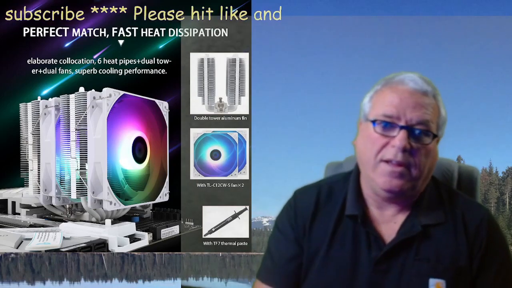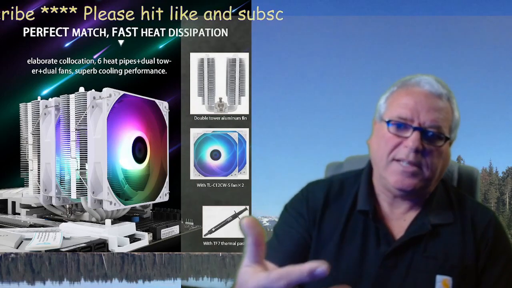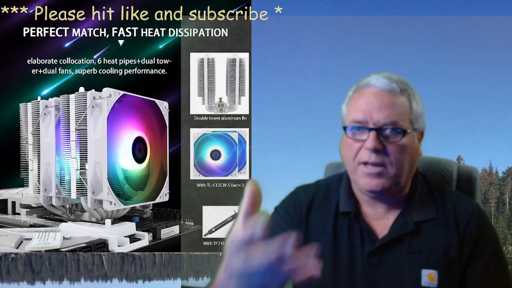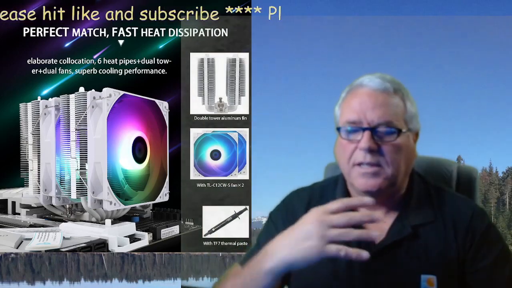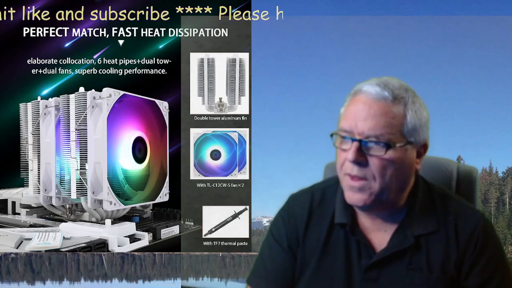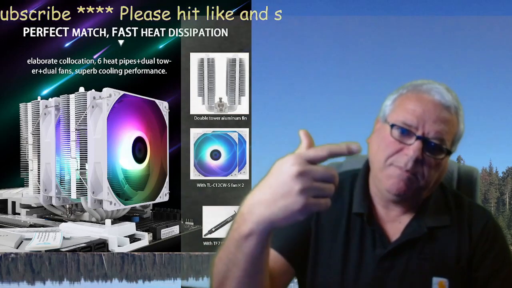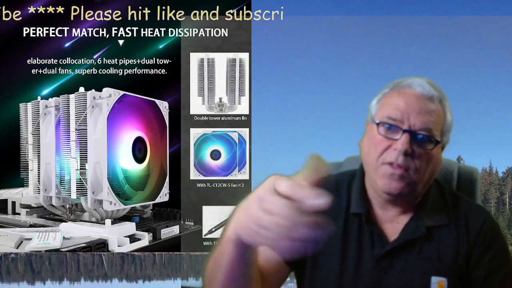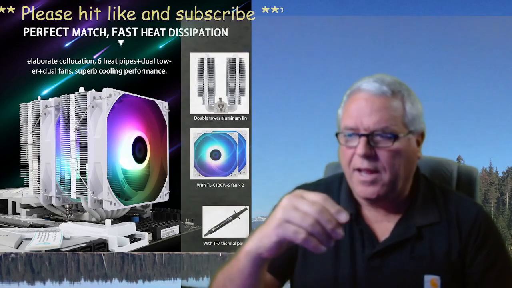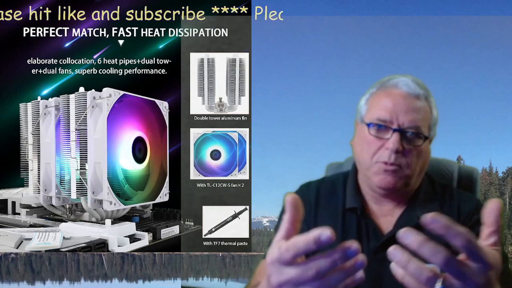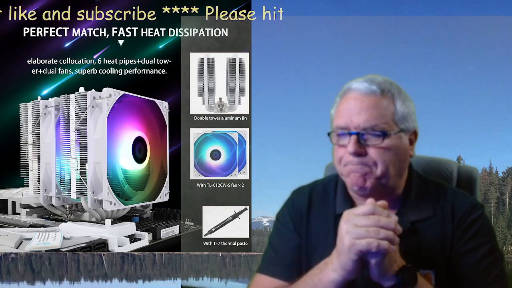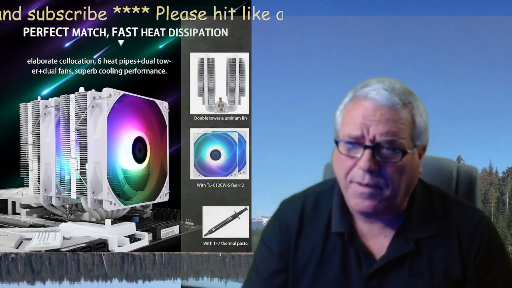If you don't have a processor that runs hot, you don't need a big, giant, massive cooler. I did this because I'm overclocking it, making my CPU run faster than the base clock. And that requires more power, which creates more heat. So that's why I did this.